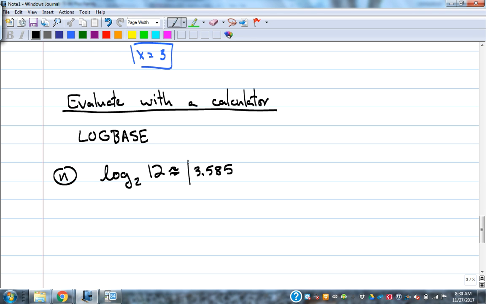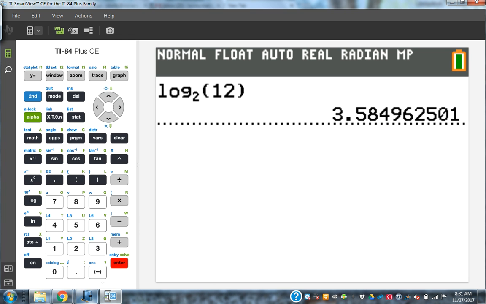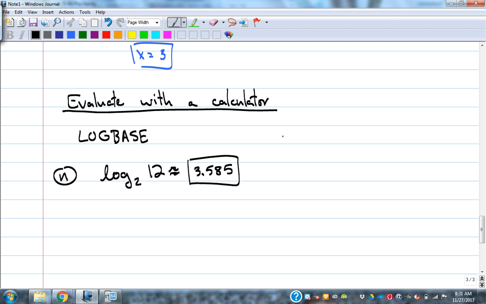Now, if you, for some reason, don't have your graphing calculator, but you've got a regular scientific calculator that has a log button on it, you can use what's called the change of base.